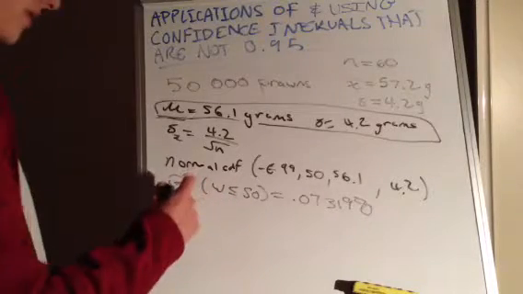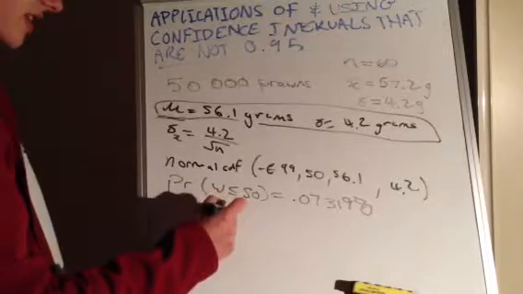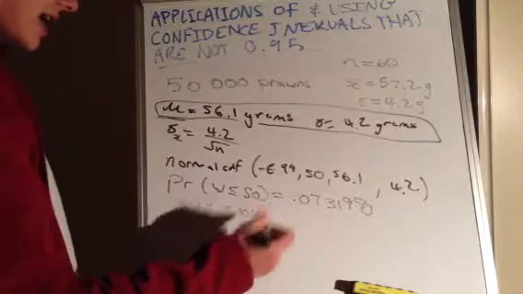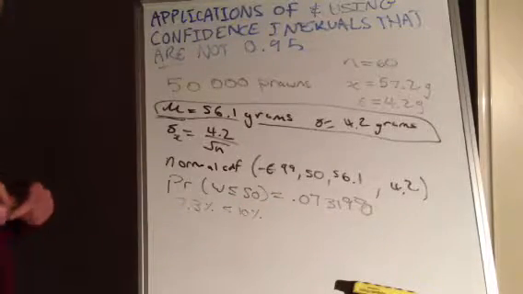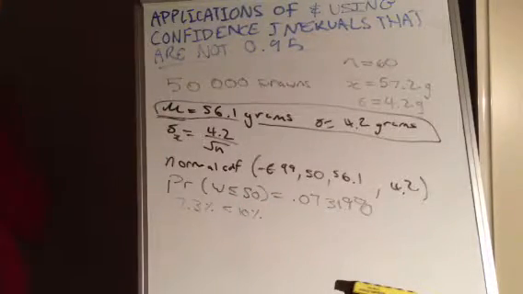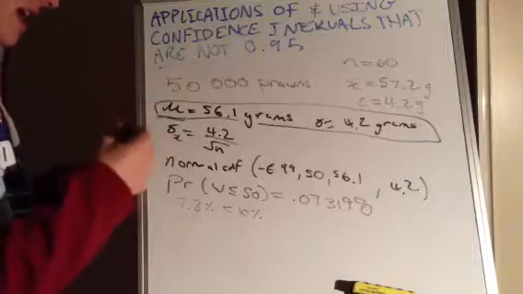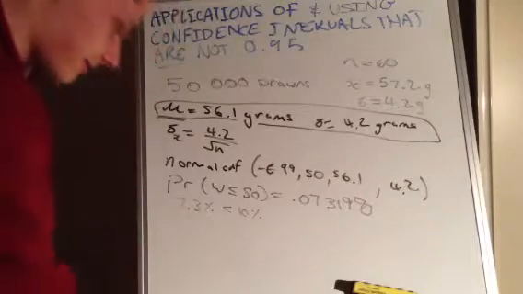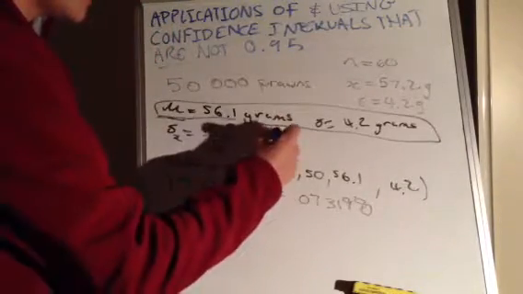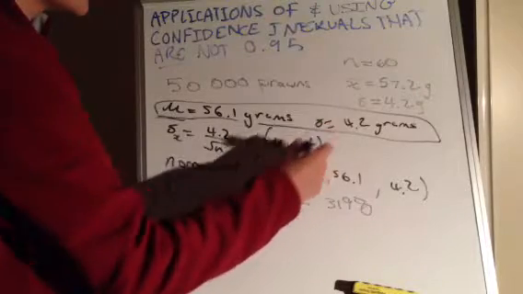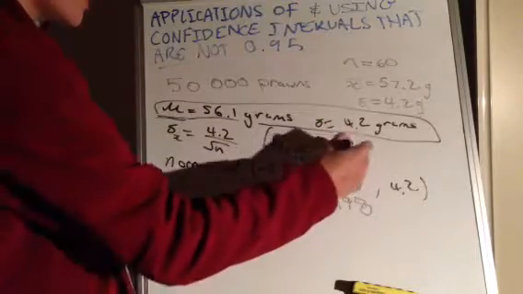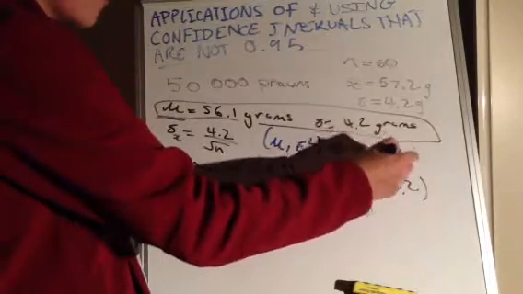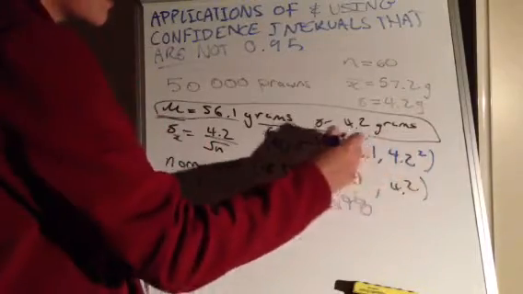So because it's 7.3%, it is less than 10%, and hence her claim is correct, assuming that lower bound is the actual population mean, and we're assuming that is the actual normal distribution. We're assuming this distribution here of, and again, distributions are written in mu sigma squared form, so we're assuming 56.1, 4.2 squared.